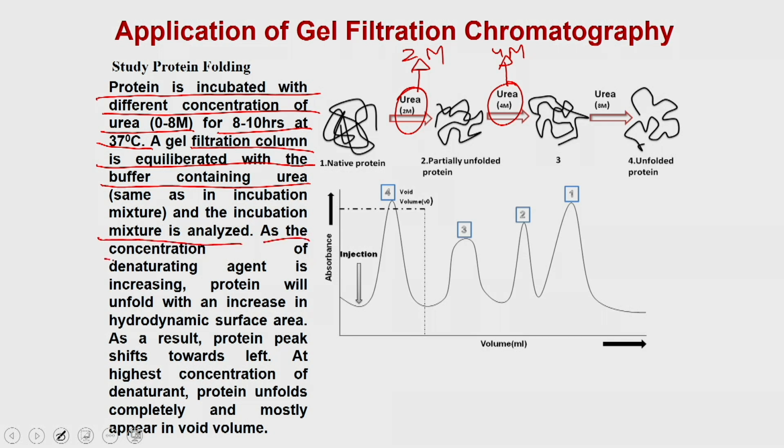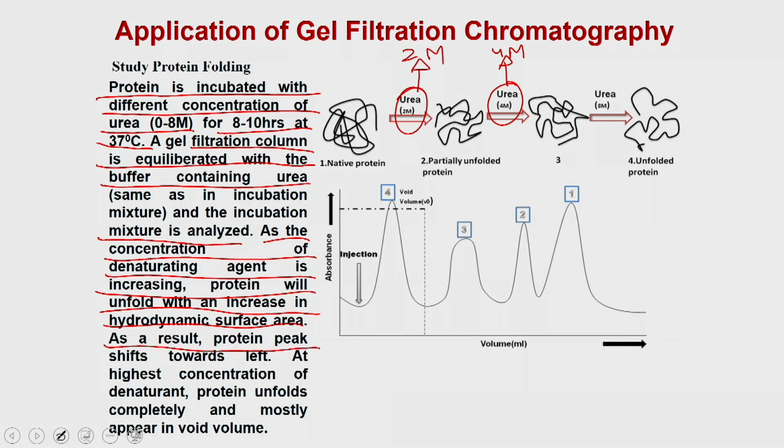As the concentration of the denaturing agent is increasing, the protein will unfold with an increase in hydrodynamic surface area, which means if the protein is in a native conformation, it is going to make a compact ball. As soon as you put it under denaturing conditions, it gets unfolded, and the diameter of that particular ball increases, and ultimately it is going to form an extended conformation.